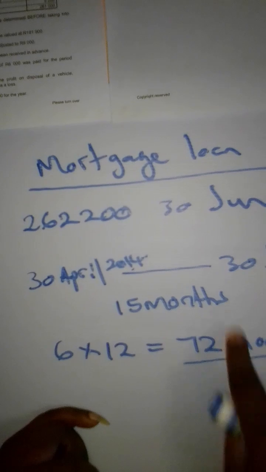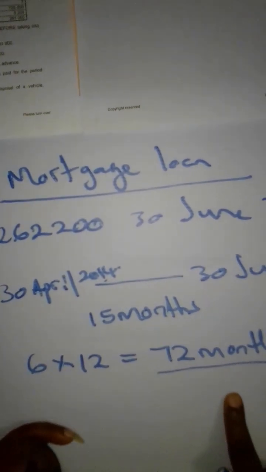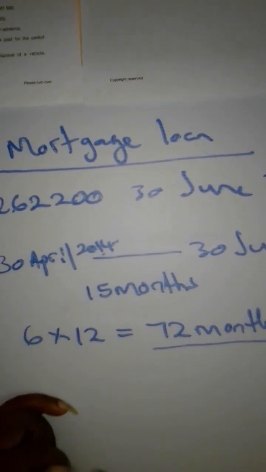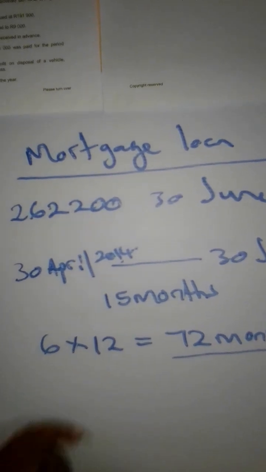The reason why we're doing this calculation is that we want to find the current portion of the loan. That is the amount taken out every year to repay the loan.